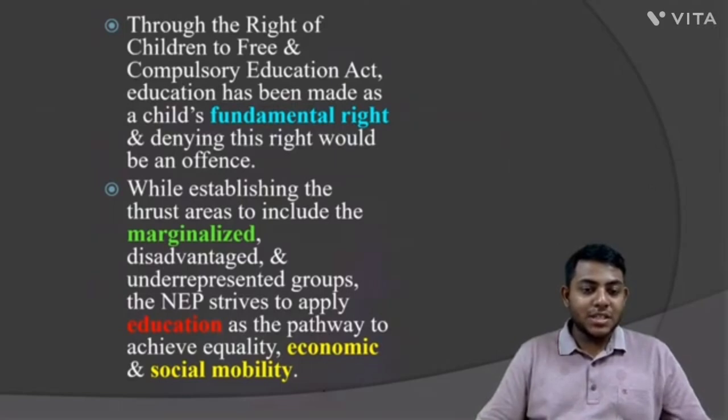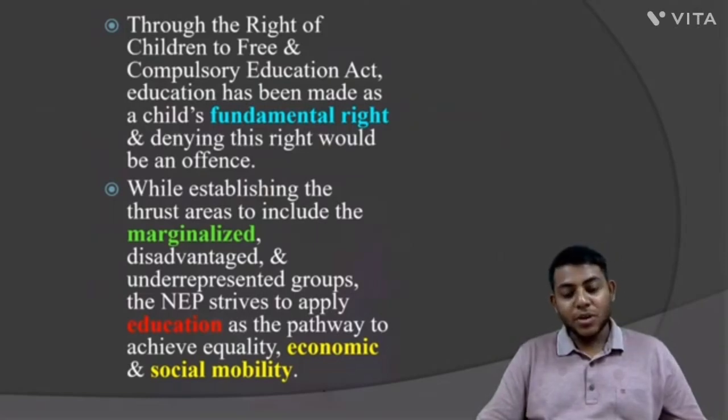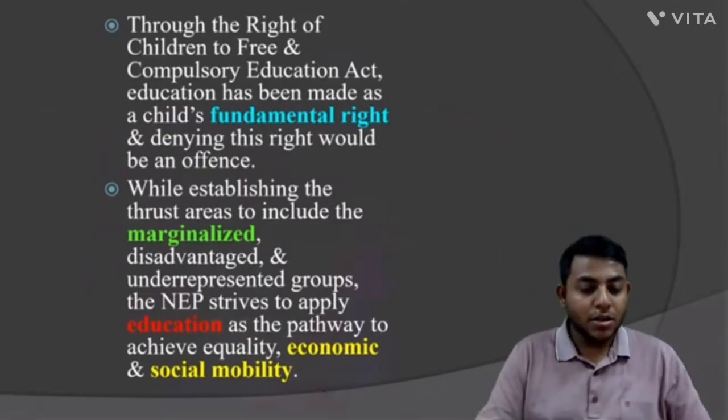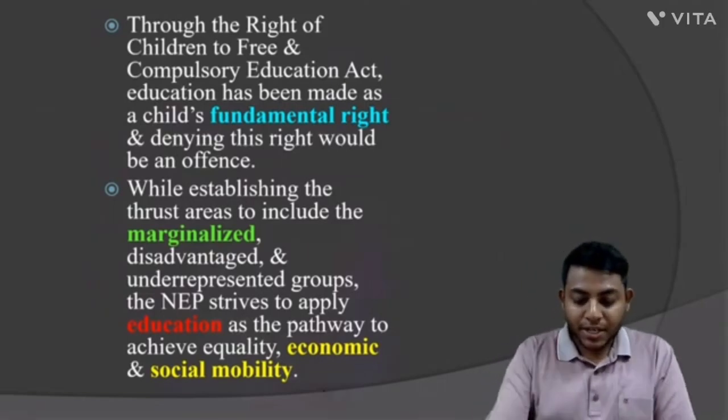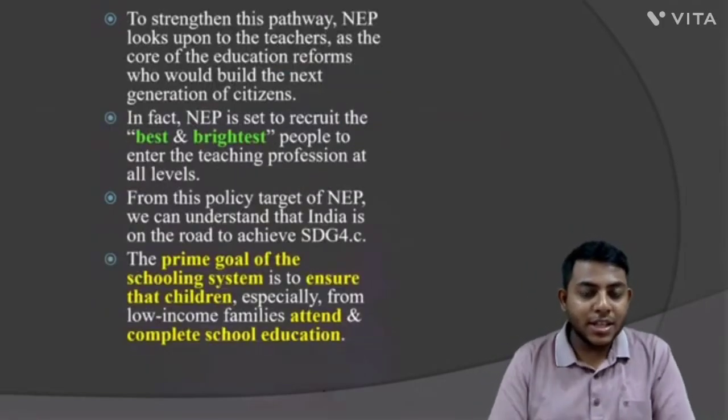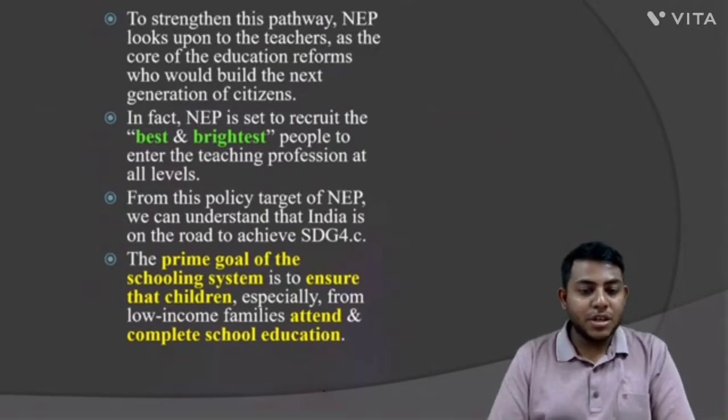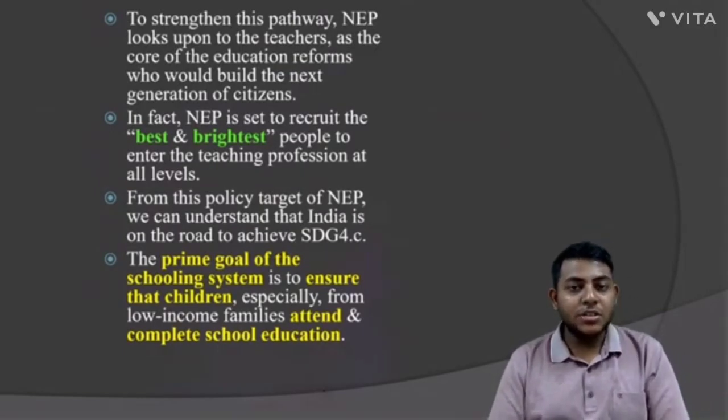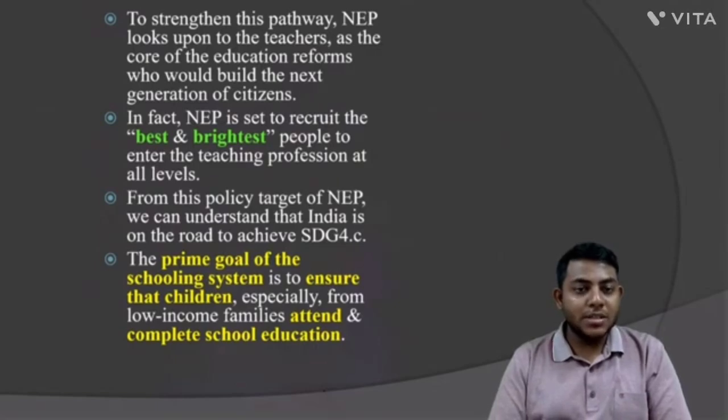And while establishing the thrust areas to include the marginalized, disadvantaged, and underrepresented groups, the National Education Policy strives to apply education as the pathway to achieve equality, economic, and social mobility. So, to strengthen this pathway, the National Education Policy looks upon the teachers as the core of the education reforms who would build the next generation of citizens.